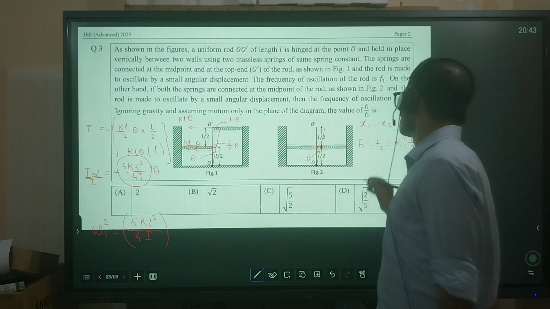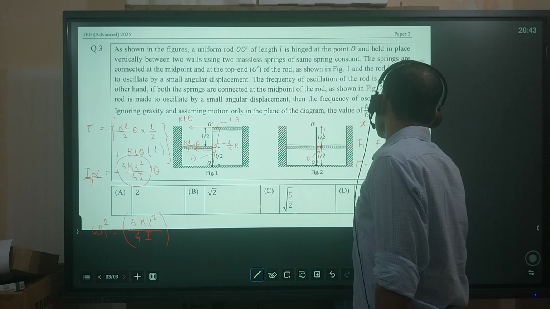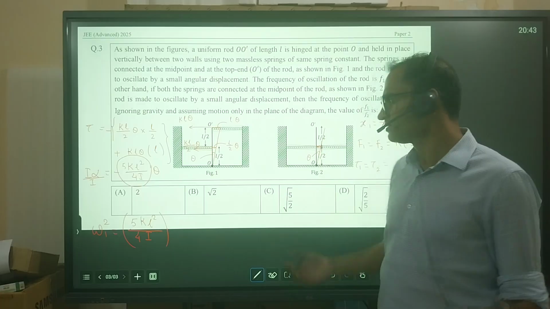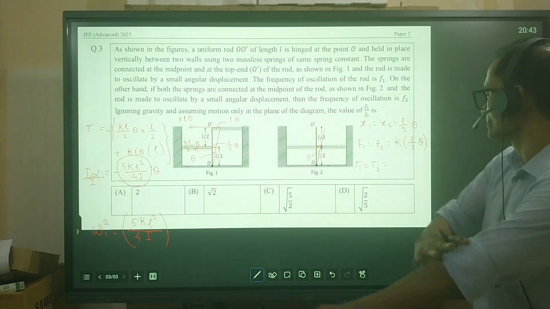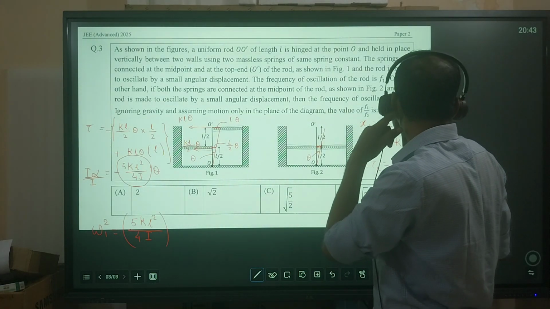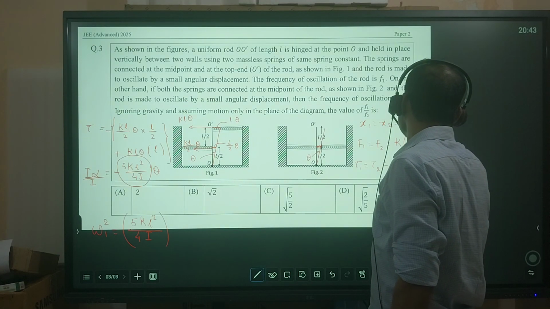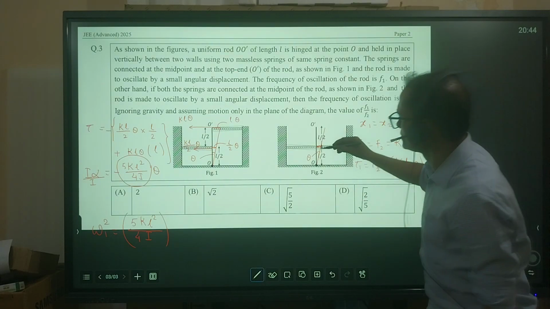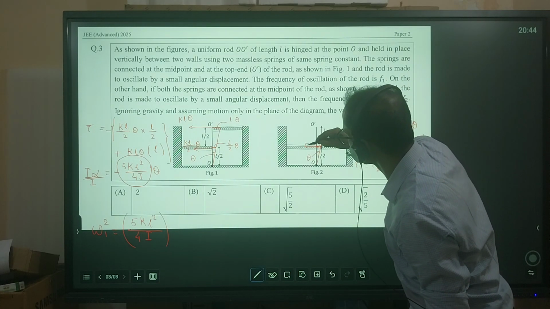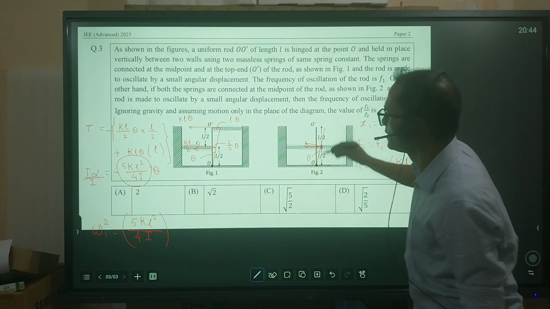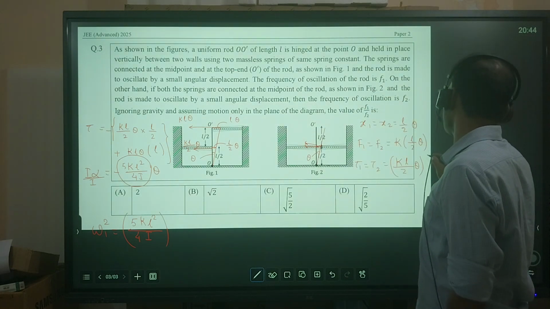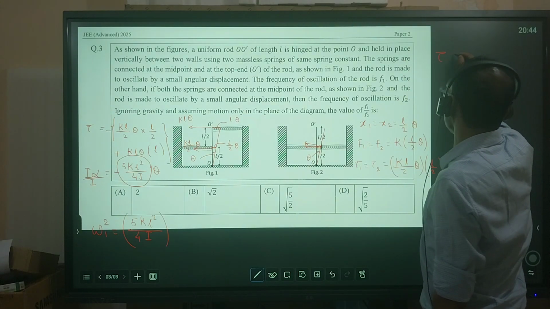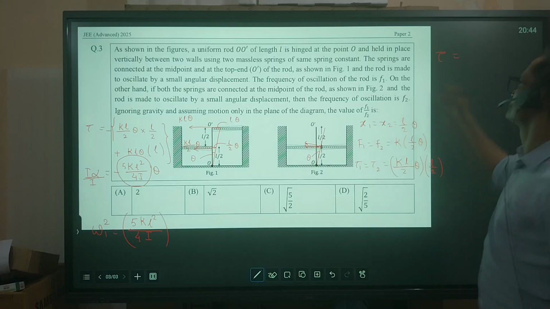Again torque 1 and torque 2 are the torques provided by the forces applied by the springs. This force is applied at a distance L by 2, so I will multiply by L by 2, and the total torque here will be the sum of T1 plus T2.